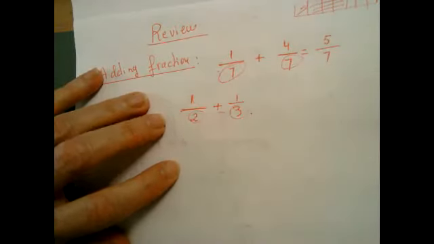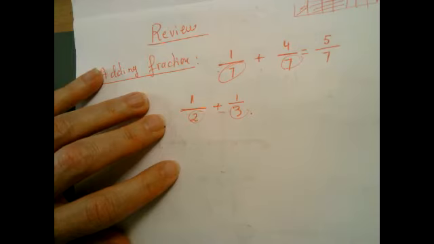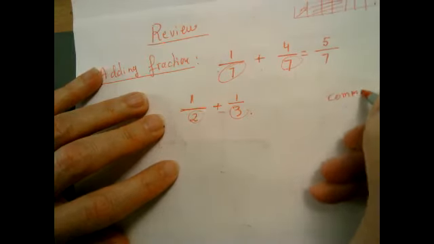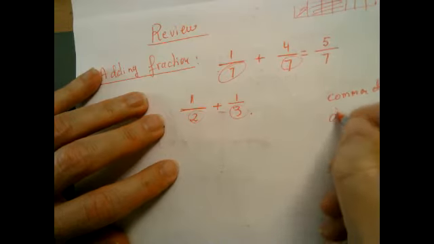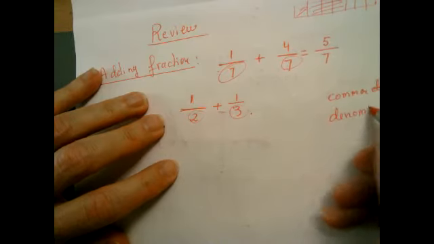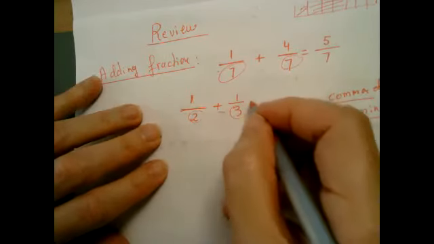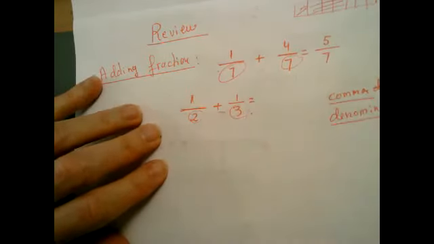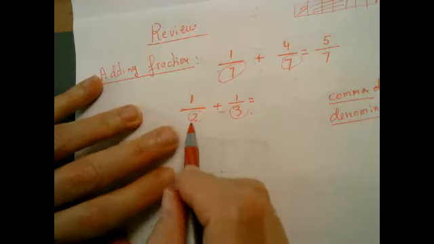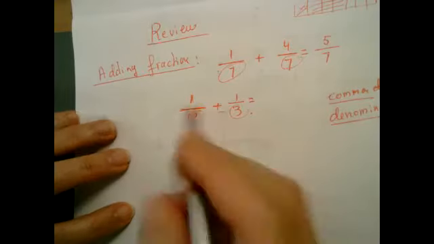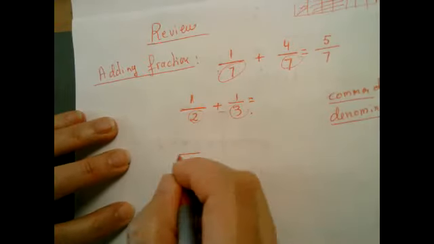I want to write them under the same denominator so I can add. So we look for the common denominator. What's the common denominator in this? It means what is the number that is a multiple of 2 and a multiple of 3 immediately? 6, of course. I'm not even pretending you don't know this stuff.